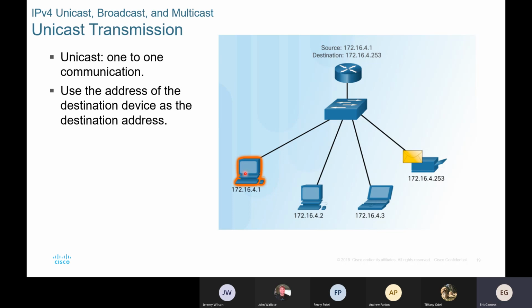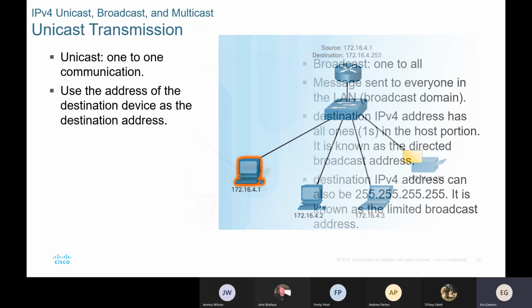Of course, this computer is going to put its IP address as the source IP address. As the destination IP address, since it wants to send it to the printer, it is going to put the IP address of the printer. So the packet will have two IP addresses, the source and the destination. Only the printer should receive a copy. This is called a unicast.